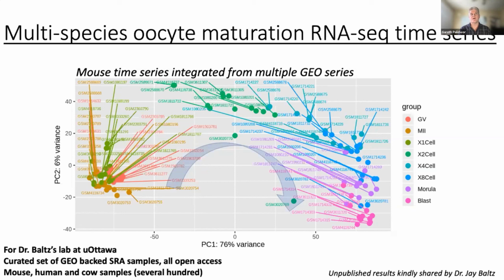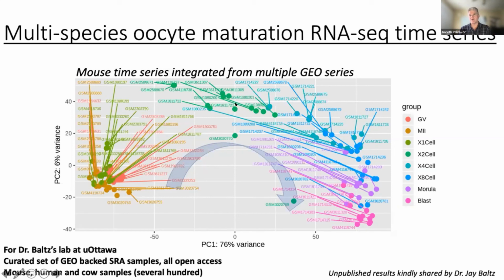This gave him a good view into oocyte maturation across species, not as a tool for publication necessarily, but something that they could use in their lab to test hypotheses. Is this gene expressed under these circumstances? The important takeaway is that we have multiple samples across multiple experiments, and they integrate pretty well. You can see the time series, which goes from GV to 1-cell, 2-cell, 4-cell, 8-cell, morula, blastocyst.